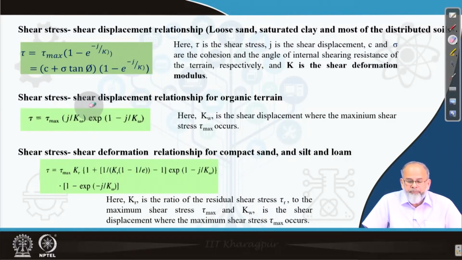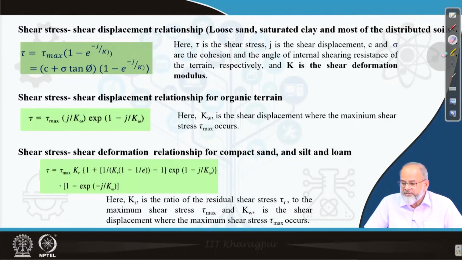Now, if it is a compact sand or silt and loam, then the relationship is tau is equal to tau max into kr into 1 plus 1 upon kr into 1 minus 1 upon e, into e to the power 1 minus j by kw into 1 minus e to the power minus j by kw, where kr is the ratio of residual stress to the maximum shear stress, and kw is the shear displacement where the maximum shear stress occurs. You can choose any one of these equations and then find out the shear force which is acting.